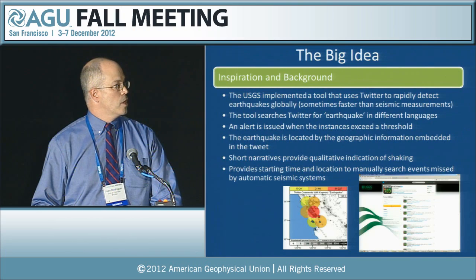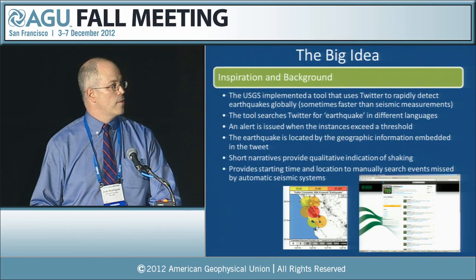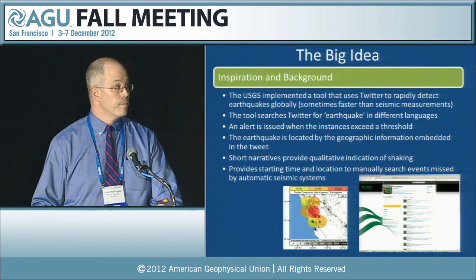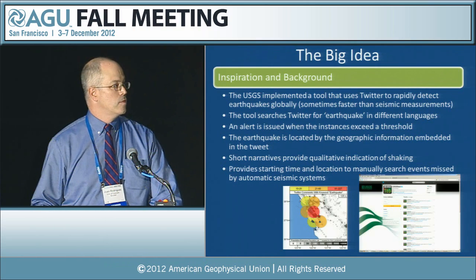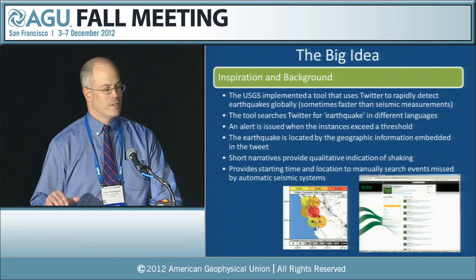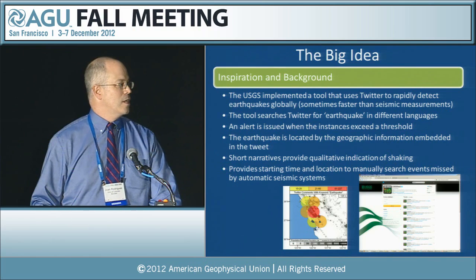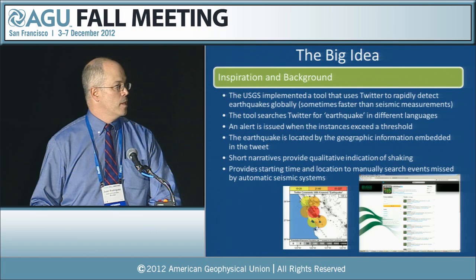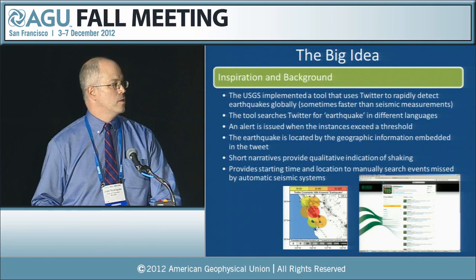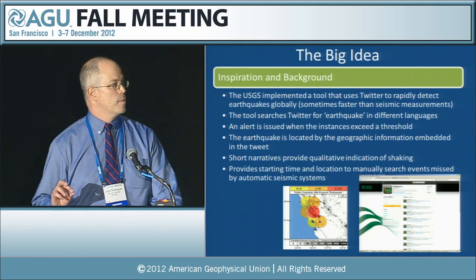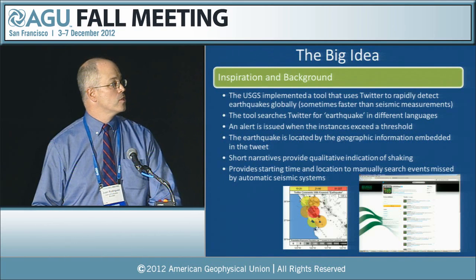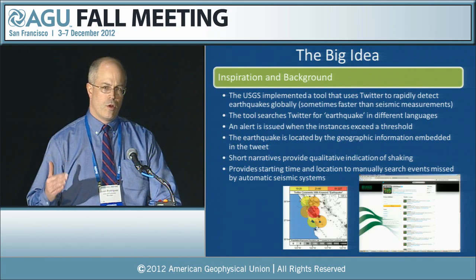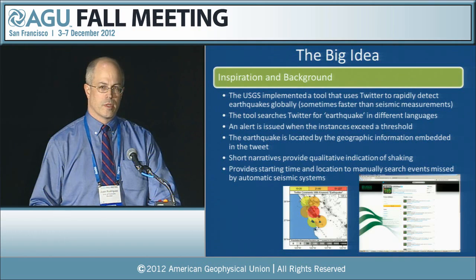The earthquake is located by the geographic information embedded in the tweet. Short narratives by the tweeters provide qualitative indication of shaking. You can imagine what some of those might be like. And this provides, and this is actually particularly important, a very nice enhancement to the capabilities in that it provides a starting time and location to manually search events that otherwise, because of their low magnitude, might be missed by automatic seismic systems.